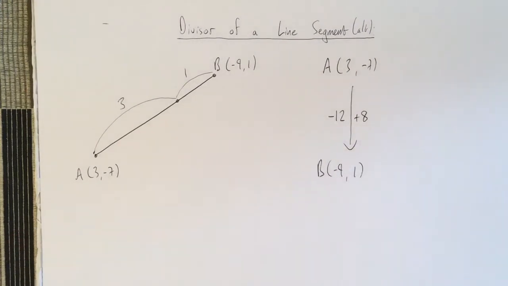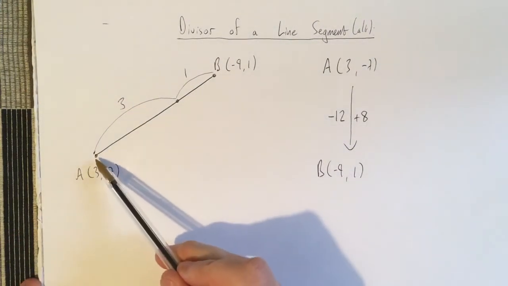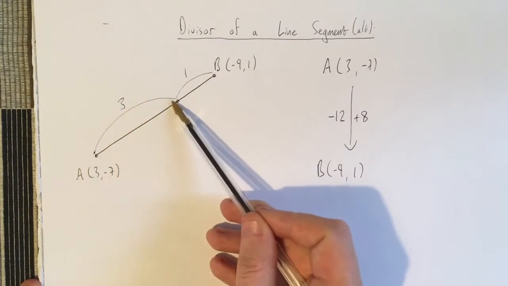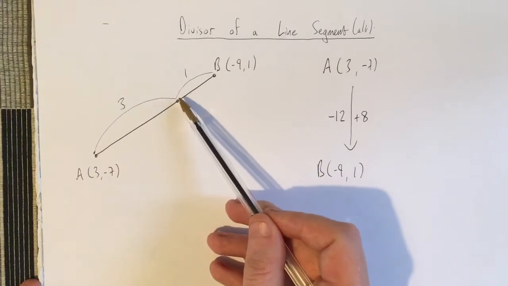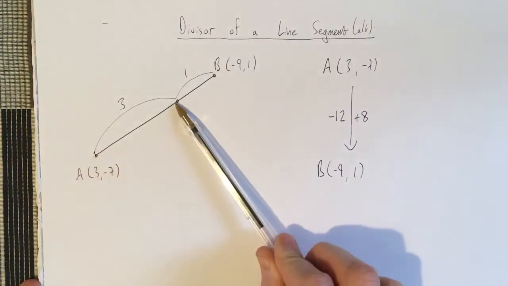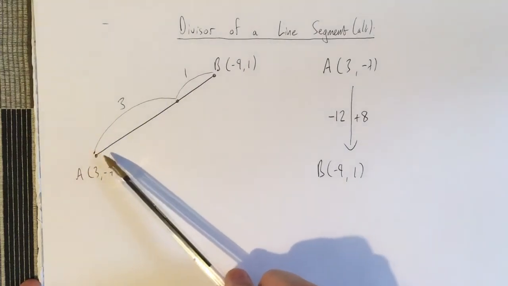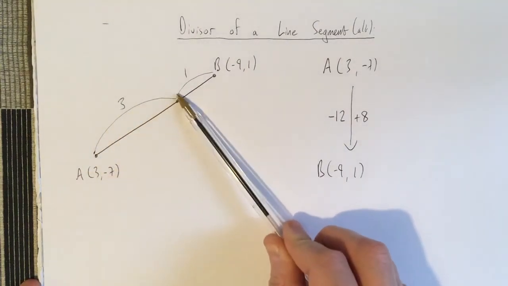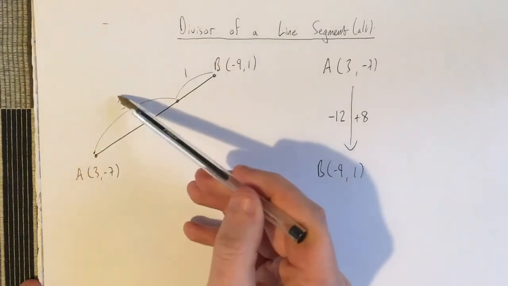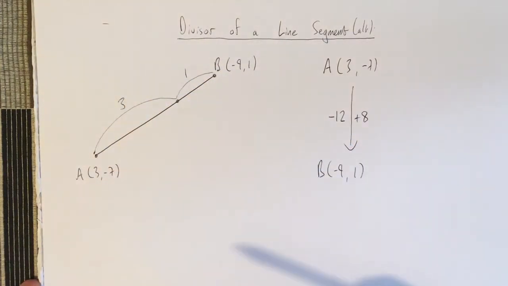All right. Now what I do is I figure out if that's the full translation, how much of that translation do I need to get to this point? Okay, well, by dividing this line segment up into 3 and 1, you have divided it up into, I suppose, 4 segments long. Okay, 3 of them here, 1 of them here, but it is divided up into 3 and 1, 4 segments.